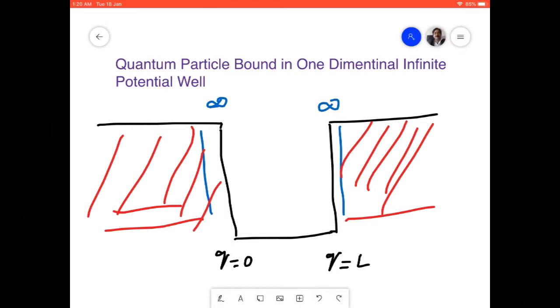You know, in quantum mechanics we use the Schrodinger wave equation.